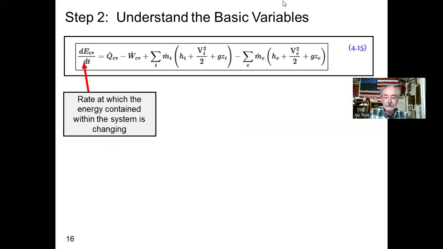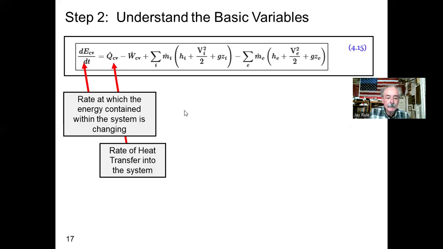All right. Next, let's understand the basic variables of this equation 4.15, the fundamental statement of the first law for open systems. dE/dt. More on this in a second, but do you see that it is a rate, d by dt? It's a rate of change of something. Q dot is the rate of heat transfer into the system.